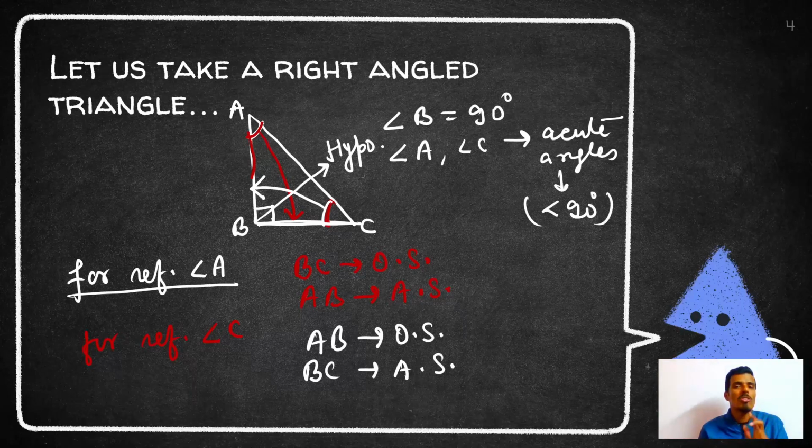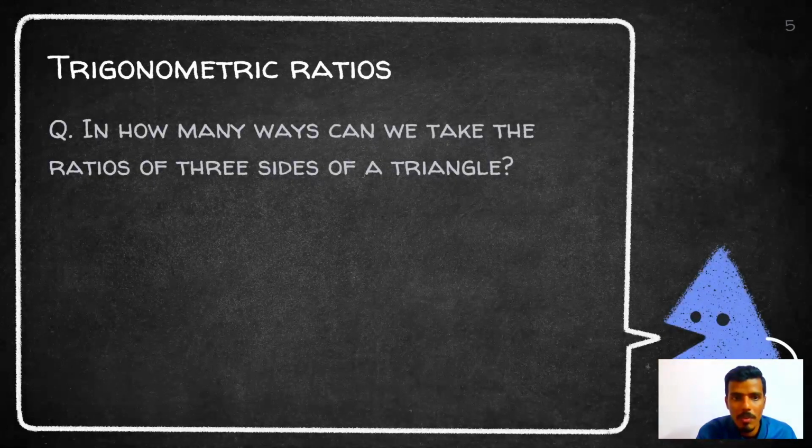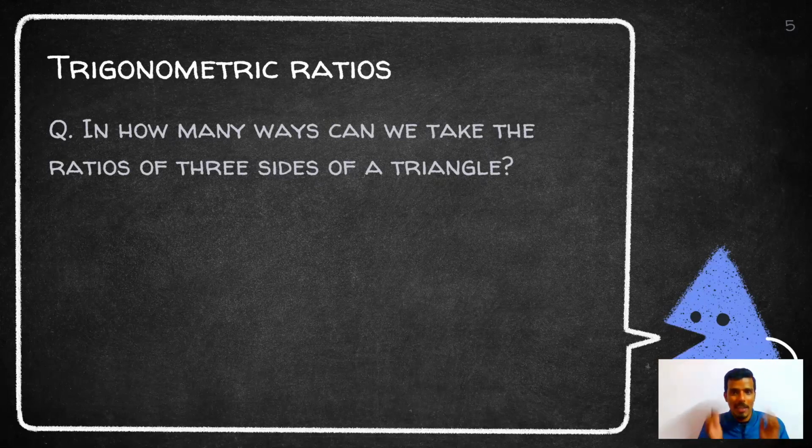Okay, so we generate two concepts. Concept one: the longest side, which is opposite the 90 degree angle, is called the hypotenuse. Second: for the acute angles, the opposite and adjacent sides are interchanged with each other. Now there is a question in our mind.